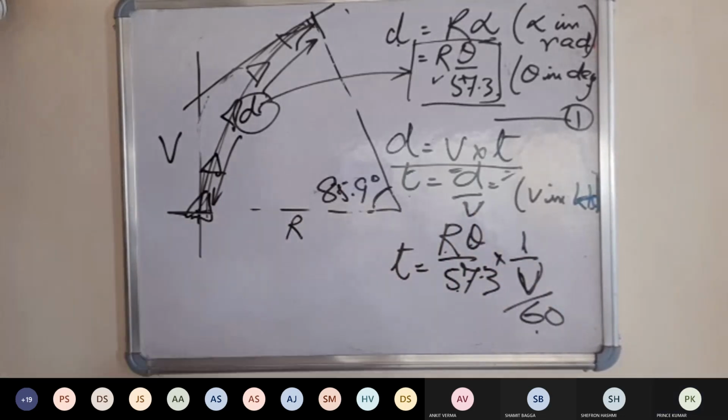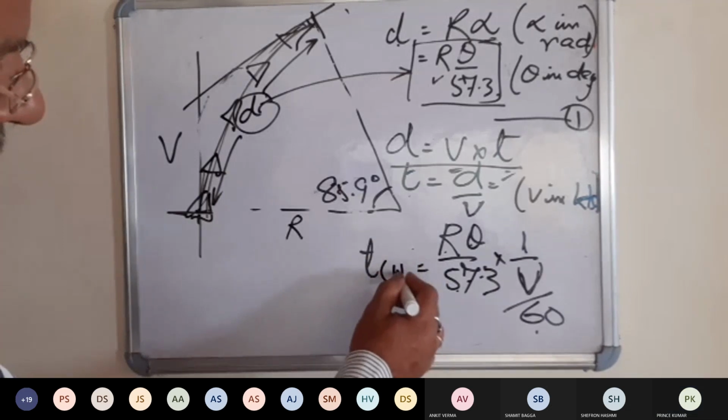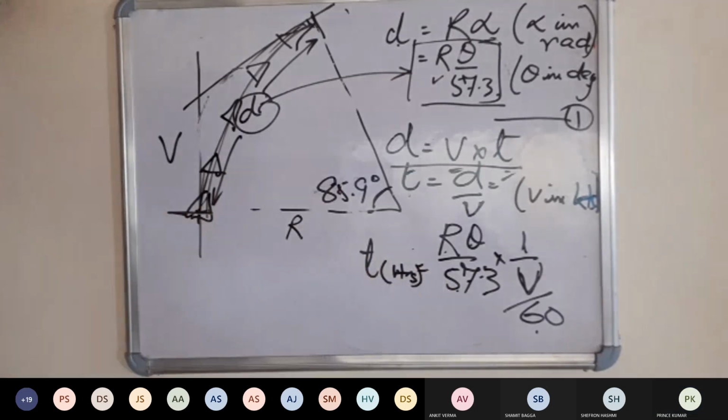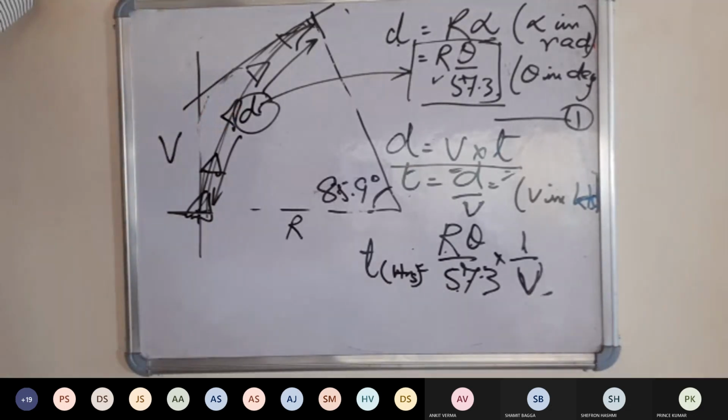But this T is in hours, correct? This T is in hours.